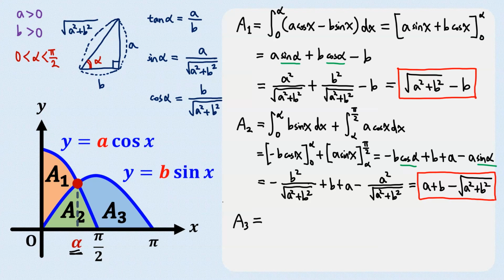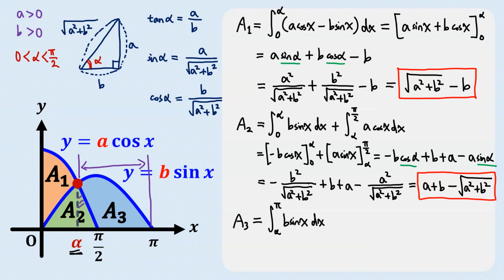Finally, area A3. Here, let us use the subtraction of areas. First, we integrate b sine x from x equals alpha to x equals pi, and that gives the area under this part of the curve.